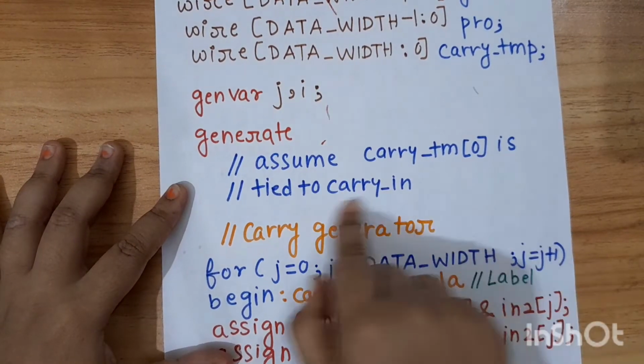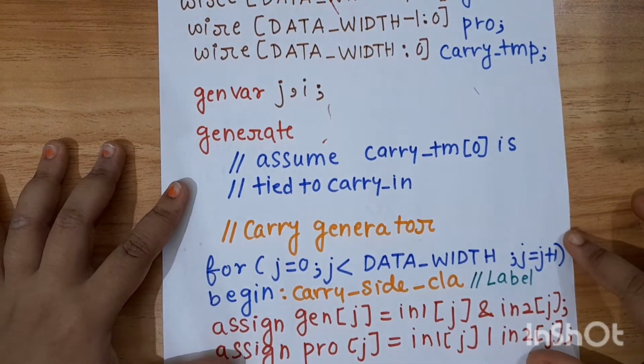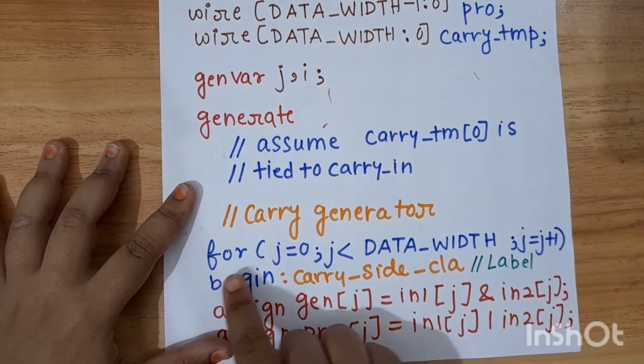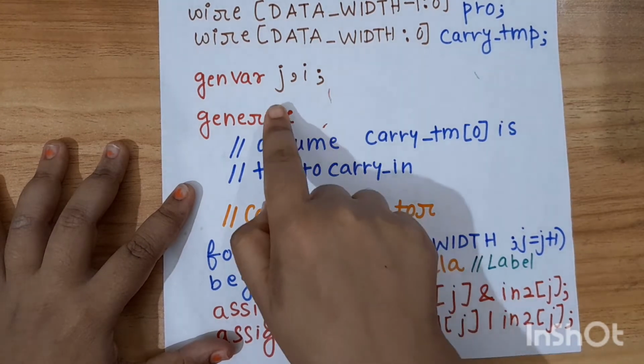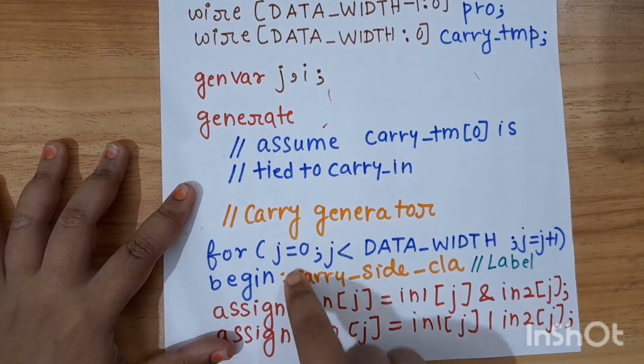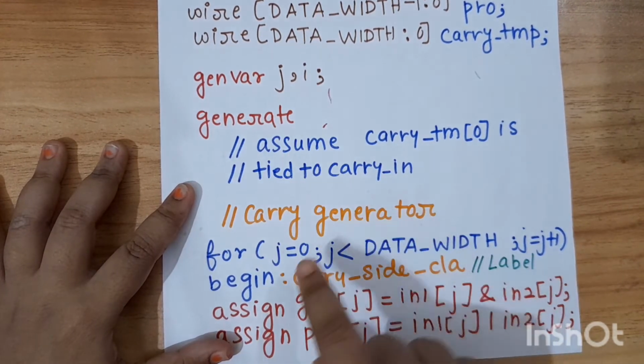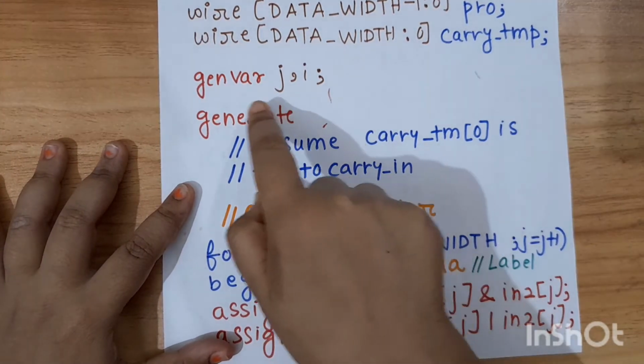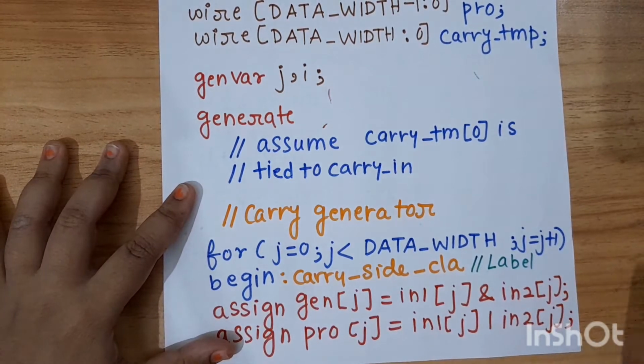Now here is the carry generator. Here is a for loop which is using the variable j. j is a genvar variable type, and because it is inside the generate block, it has to use a genvar variable only. It cannot use an integer.